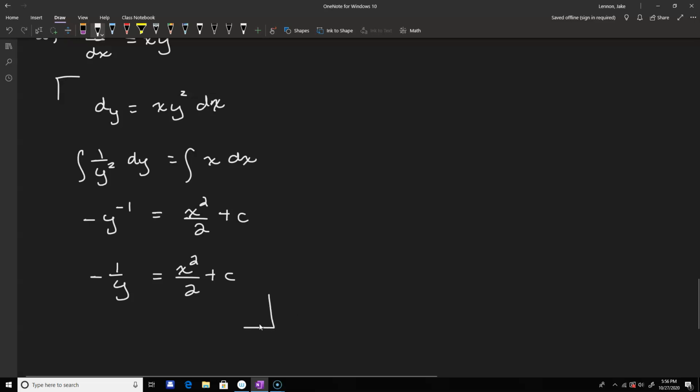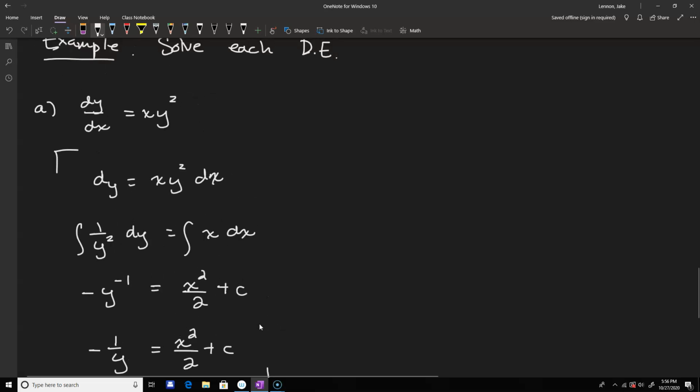So I will stop here, but in general they might ask you to solve for y. To do that, you'd have to multiply both sides by negative 1 and then take the reciprocal. If we look at a practice homework set, I'll go all the way to the end, but for now I'll just leave it in this form.